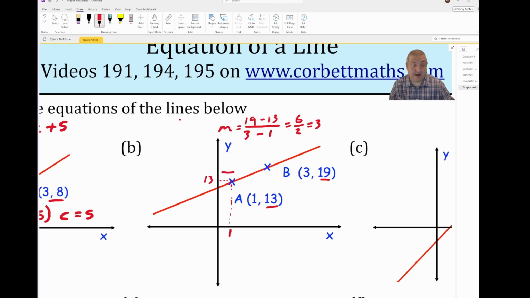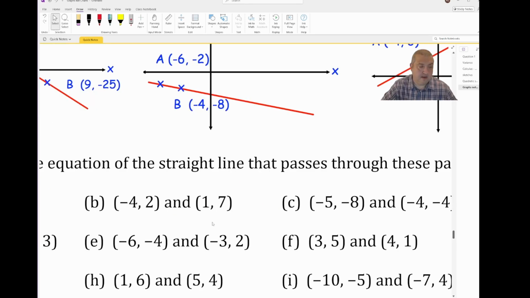Therefore, every time it goes back 1, it goes down 3 points. So this point here has got to be 13 take away 3, which equals 10. It crosses the line at 10. So y equals 3x, our gradient figure, plus 10.